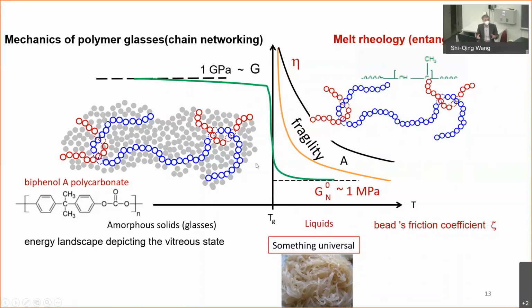Okay? So this is the critical point. The polymer glass has two sides. One is what I just showed you, the nature of how they pack at the monomer level. And the other is the fact there is a chain network.